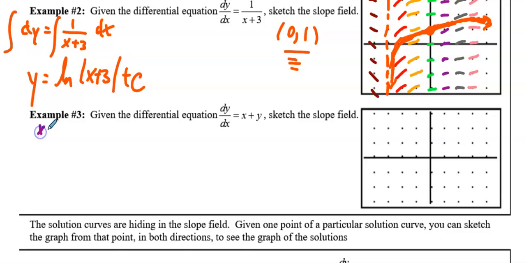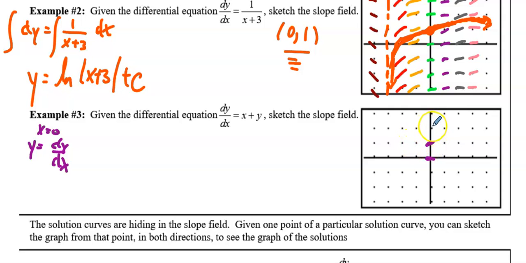When x is equal to 0, what happens when y, and this is where charts definitely come into play. So y is going to be equal to our dy dx. When x is equal to 0, y is equal to dy dx. So when y is 0, right here, my derivative is going to be 0. When y equals 1, my derivative is going to be positive 1, so a little bit bigger.